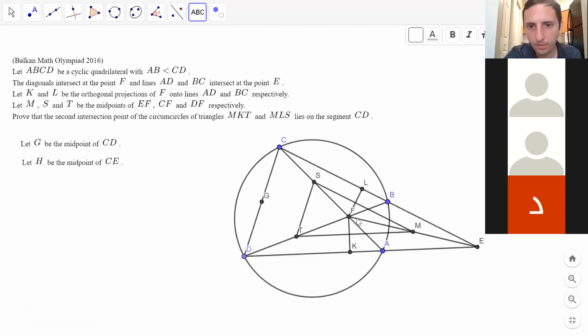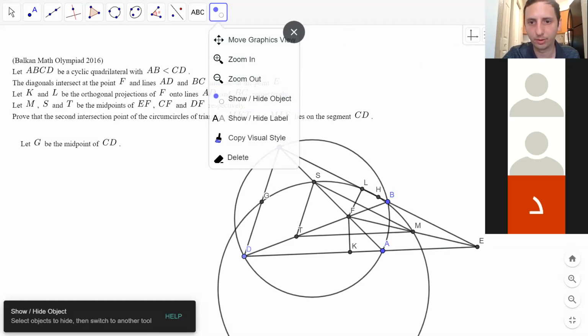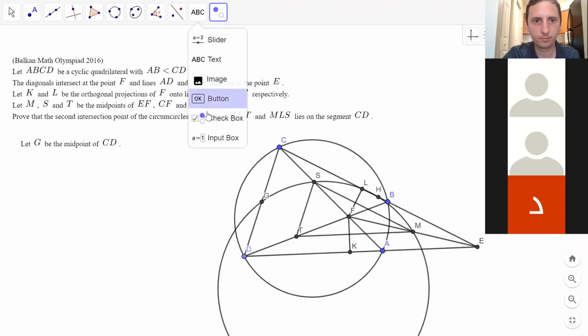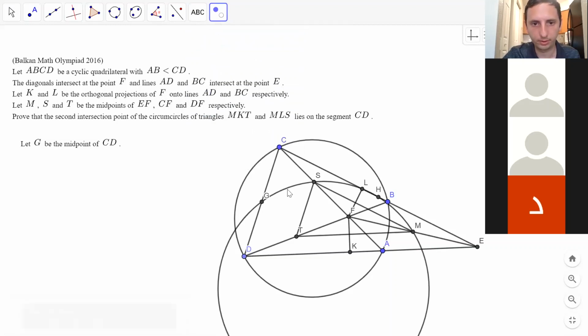And then S, L, B, and M lie on the 9-point circle. Hey, where'd point H go? Oh, because I just deleted the circle, that's why. So it went away. Let me just hide the circle instead of deleting it.